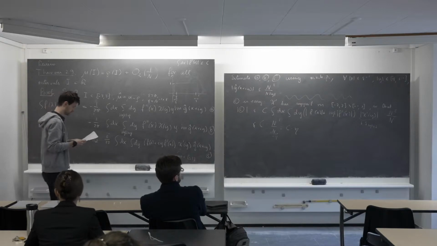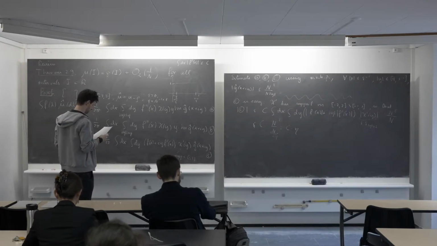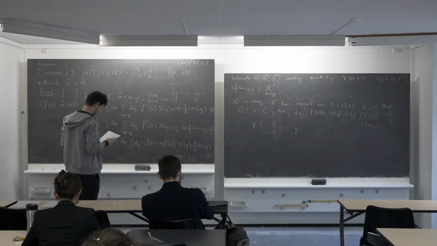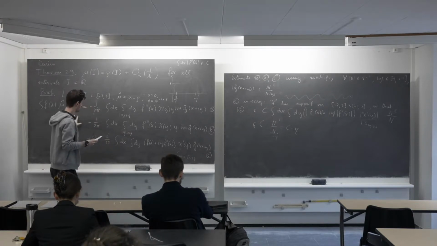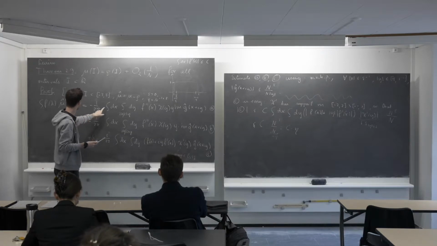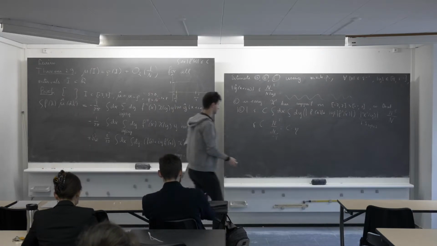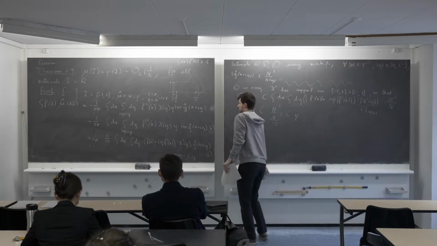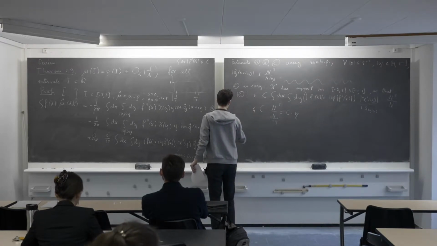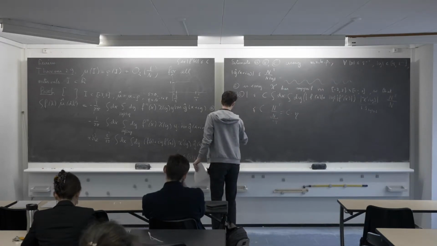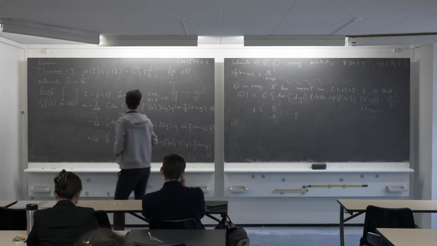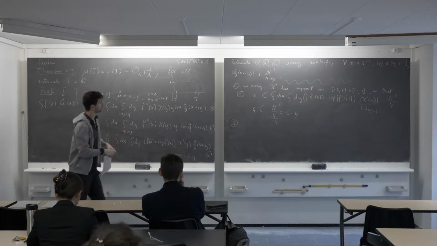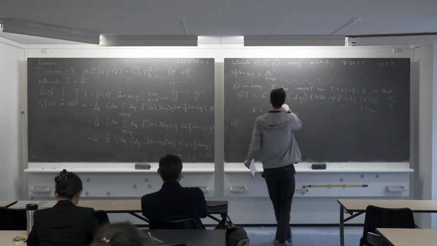Let us look at A. So A and B require a bit more work. Let's start with A. A has an apparent problem that if you look at our estimates, so this is what we know.